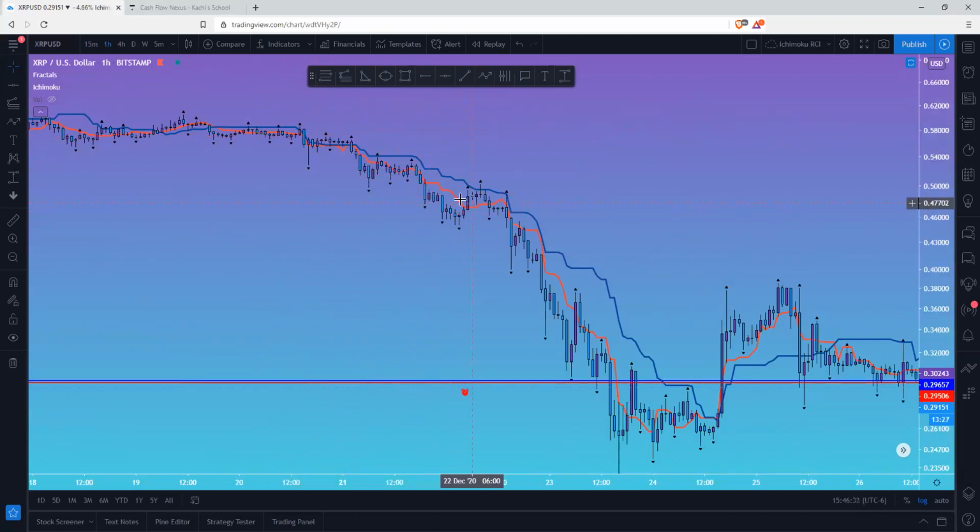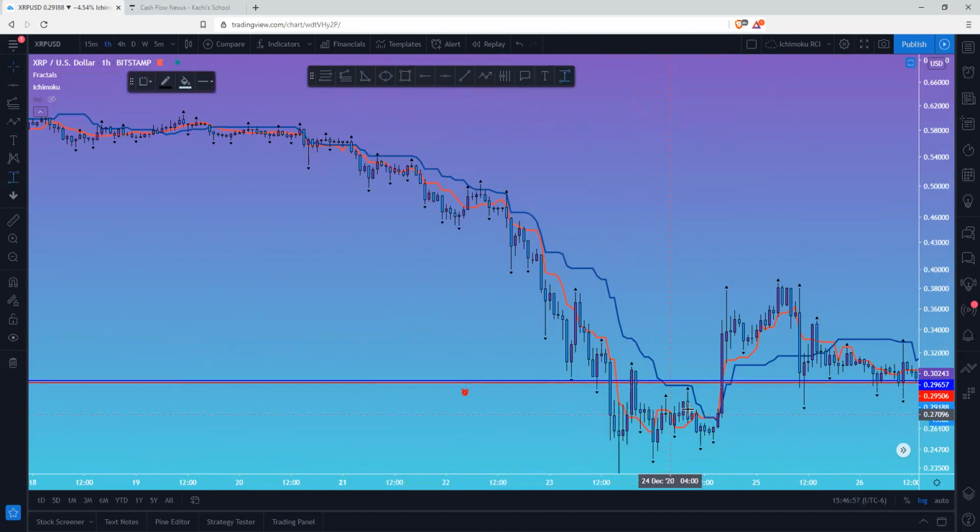It did break it a couple times, and then it bounced right off the Kijun level. So you're still holding this trade for a long time, and you wouldn't be out until down here, where it broke both the Tenkan-sen and Kijun. That's a long trade.